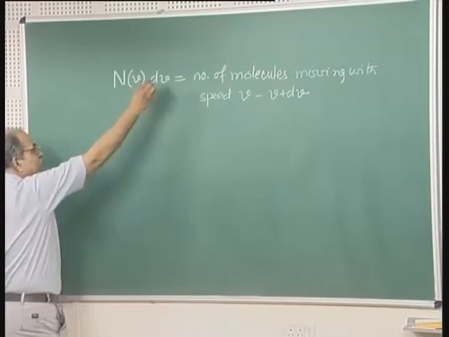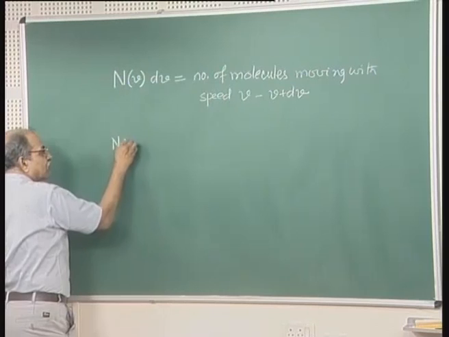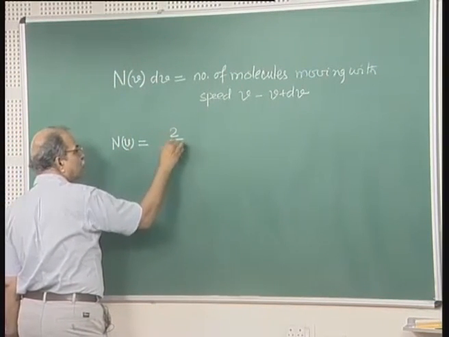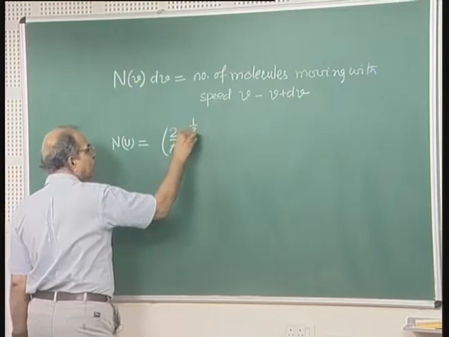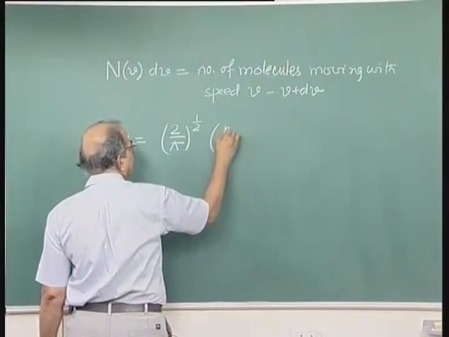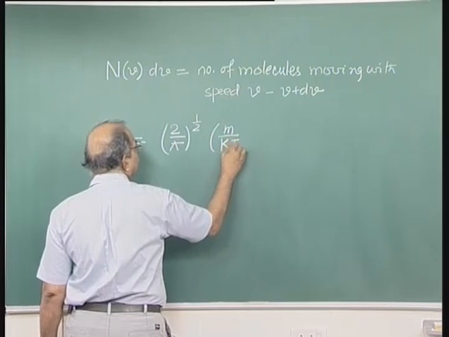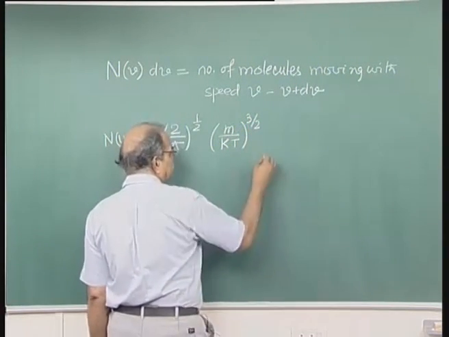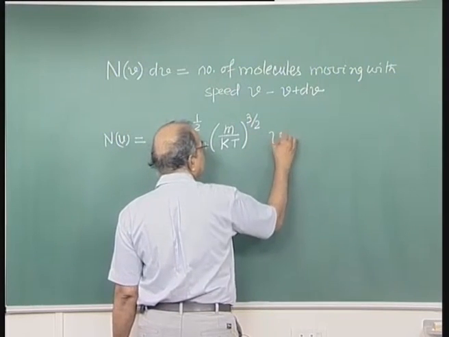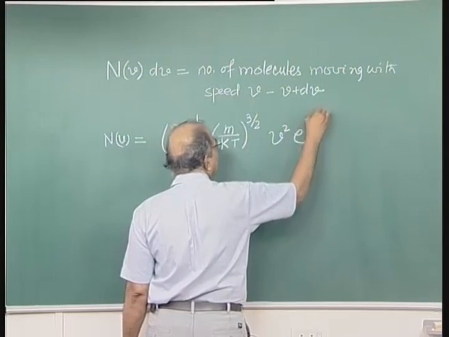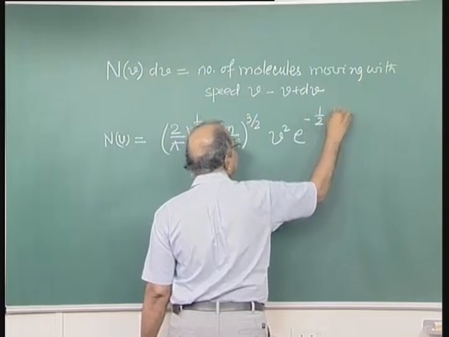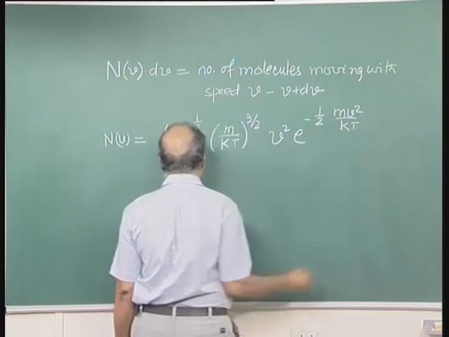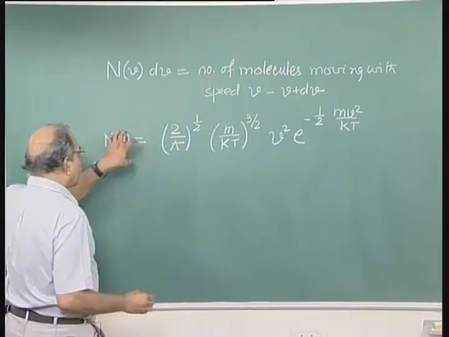So, the expression for this N(v) is some constants, if I remember, 2 by pi to the power half and then m by kT to the power 3 by 2, and then you have v square e to the power minus half m v square by kT, and this is actually out of the total.